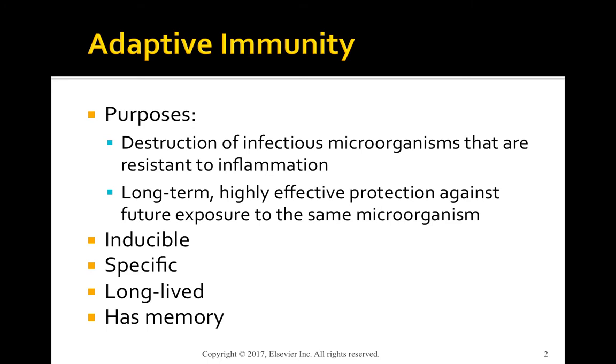In passive immunity, you receive preformed antibodies from another source. Generally, when we're talking about passive immunity, we're talking about the kind of immunity that is passed from mother to baby through the fetal placental exposure.